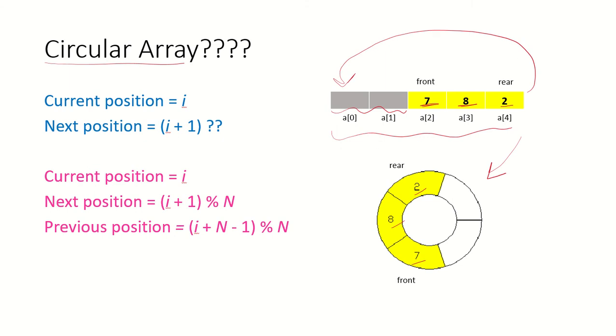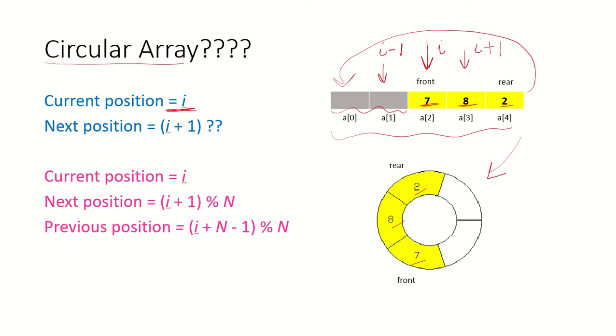Earlier in a linear array, if the current position was I, then the next position was I plus 1 and the previous position was I minus 1. This was the case in a linear array.